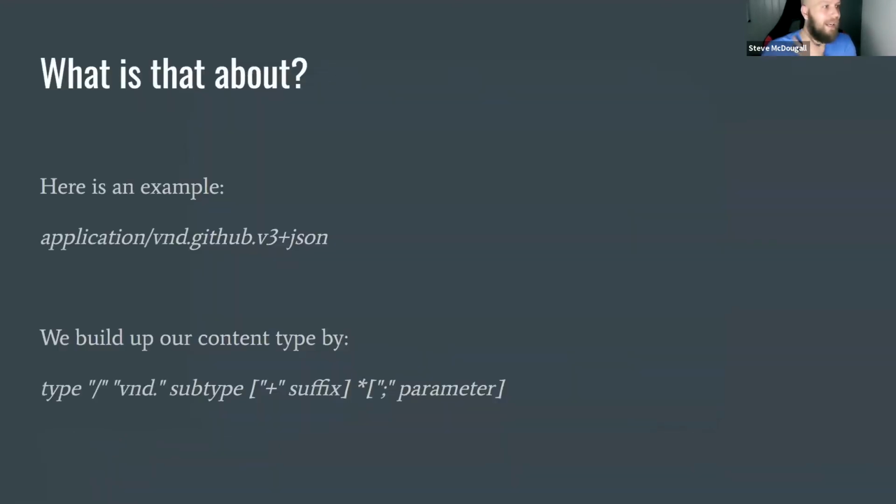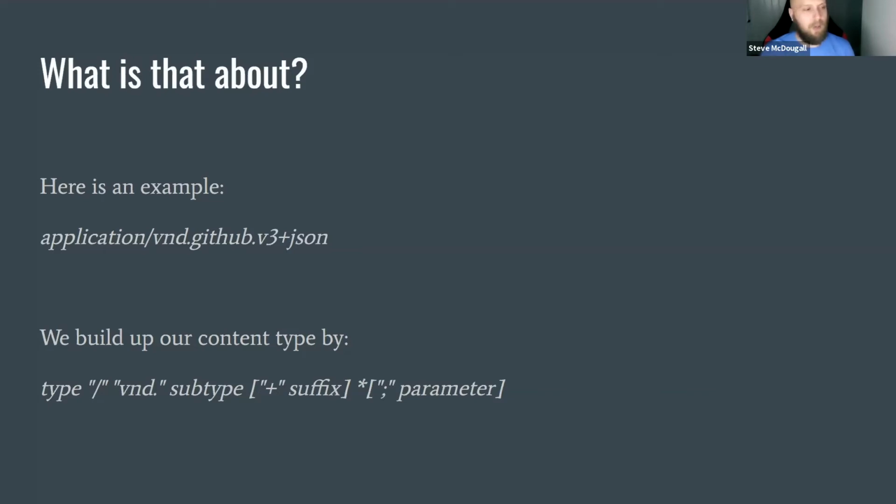So here's an example. GitHub currently uses application vnd.github.v3 plus JSON. So what they're doing there is they're versioning their API through the content type as well. And that's through the accept header and the return type header.